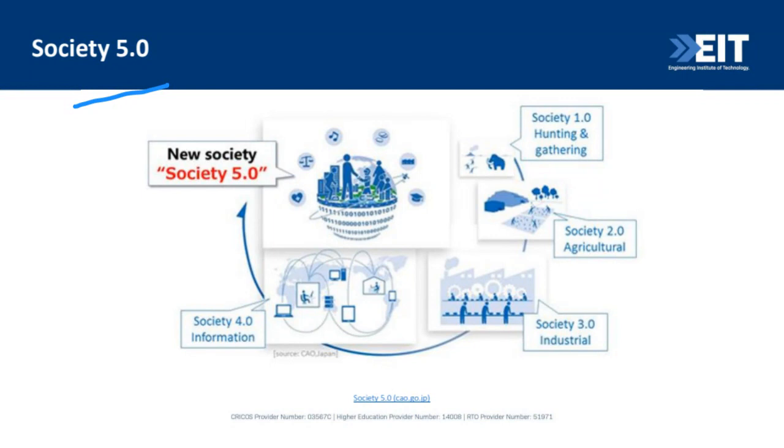So let's say you are hungry, you order through an app and the food gets delivered through an automated delivery service, something like that. So they will all be connected. Okay, so that's the idea for Society 5.0.